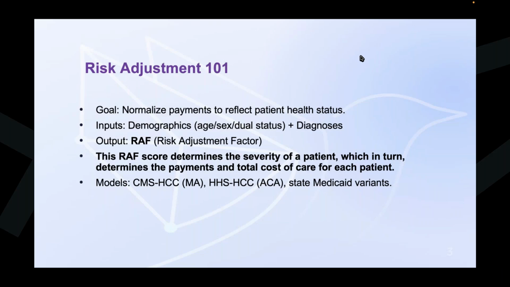And as I said, the most important factor in that is making sure that none of the chronic conditions are missed. There are other models as well, like the HHS model, and even some of the other insurances have their own. I heard there's another one in San Diego that has its own model. But we're talking about the largest one, which is CMS.